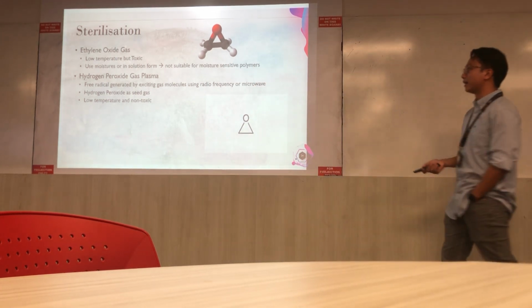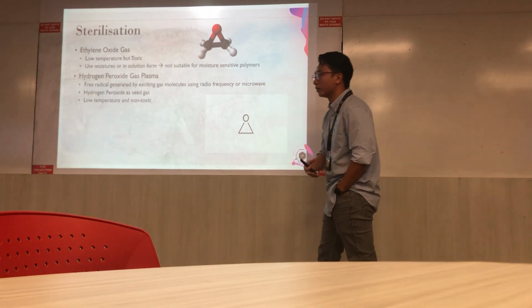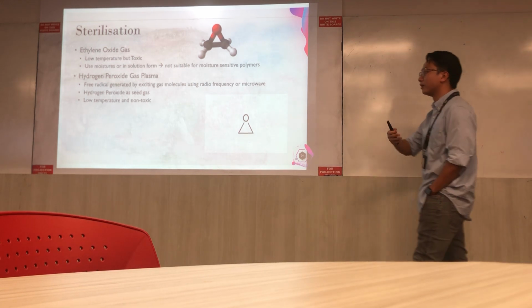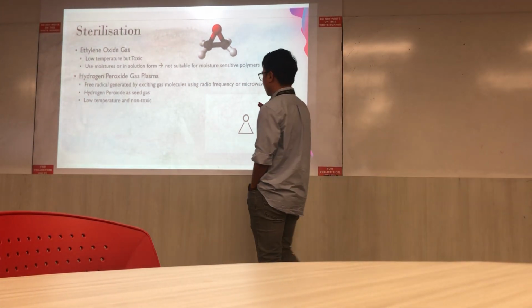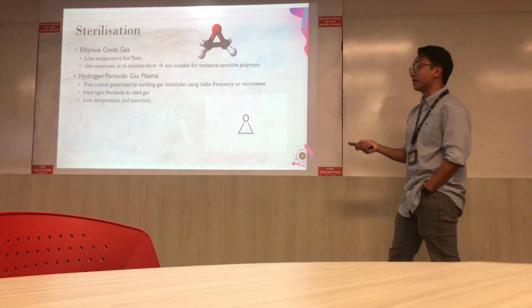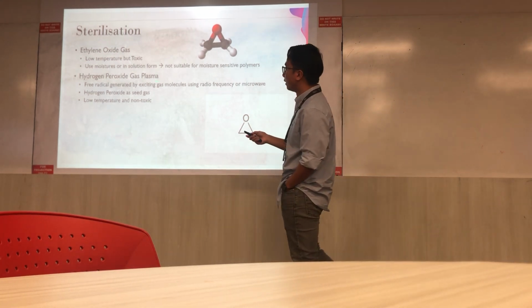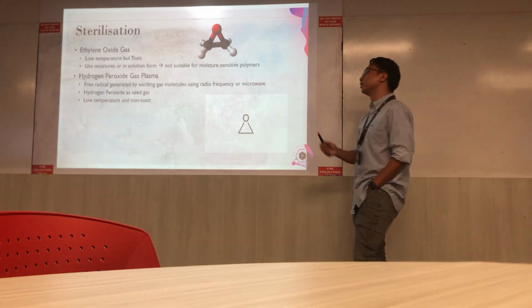Next, we also have sterilization by EO gas, ethylene oxide gas. It is just an exposure to EO gas, which is toxic and will kill the bacteria. It can be in moisture or solution form, or sometimes even in the gaseous form, so it's quite flexible. The other one is hydrogen peroxide gas plasma. You don't need to go into the details.